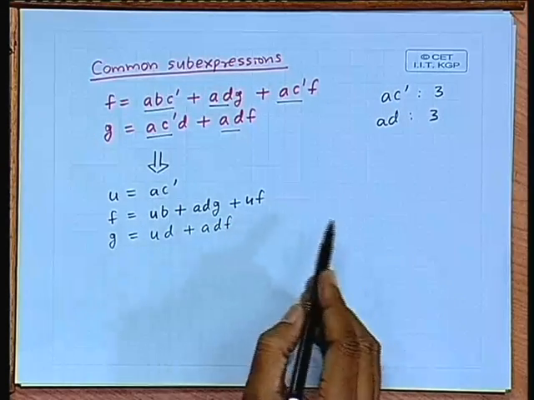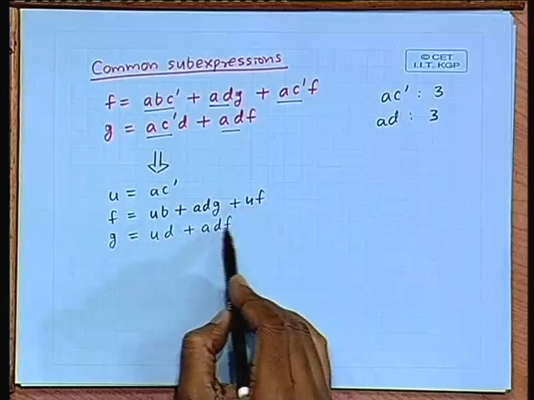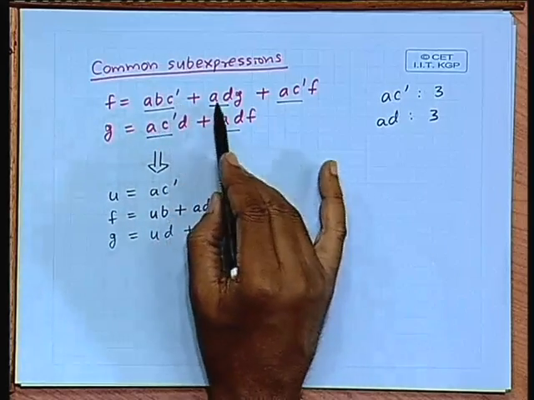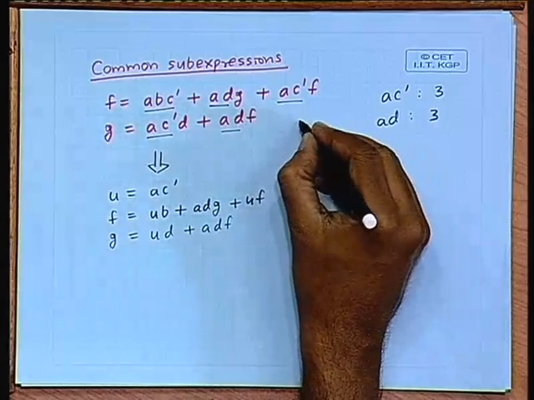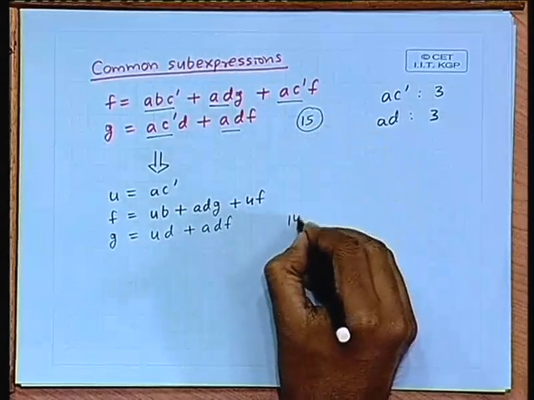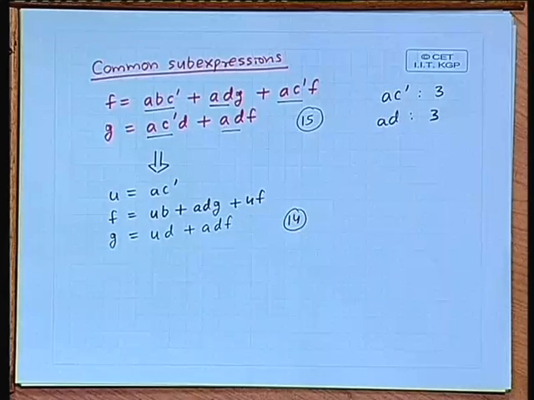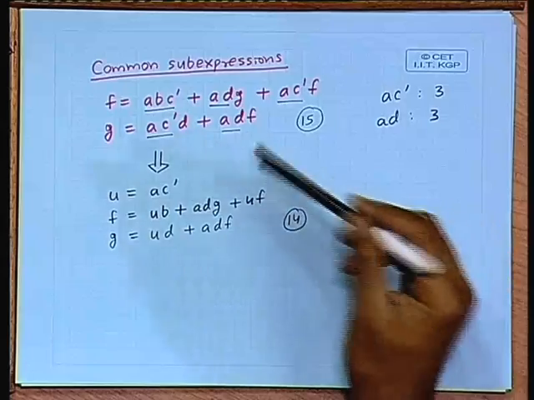If you count the number of literals now, 1, 2, 3, 4, 5, 6, 7, 8, 9, 10, 11, 12, 13, 14. Here 3, 4, 5, 6, 7, 8, 9, 10, 11, 12, 13, 14, 15. So you get one reduction. There was 15, it has gone down to 14. So you see that for common sub expression, the gain may not be as significant as factoring.